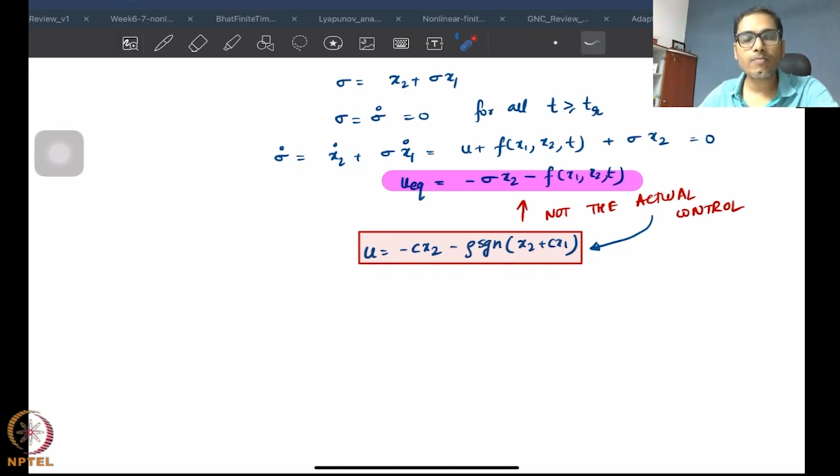So that's the idea, that even though you're not actually applying this control, you do get the effect of applying this control in an averaged way.